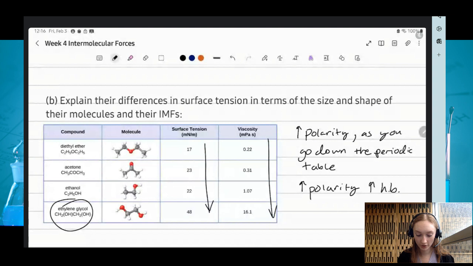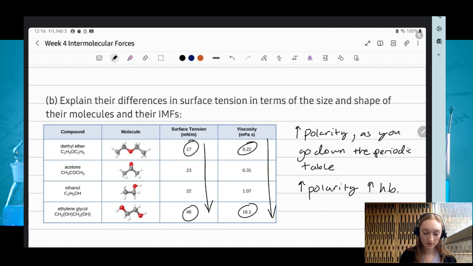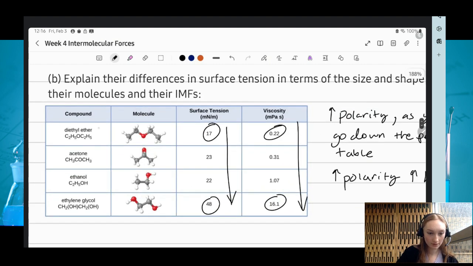Let me correct what I'm saying. As you go down the periodic table, you're increasing in polarity. These different compounds here are already going down. So we can see that the surface tension is 17 and it goes to 48, so it's increasing. The viscosity is also increasing. And not to mention the diethyl ether is the least polar, and this is the most polar.